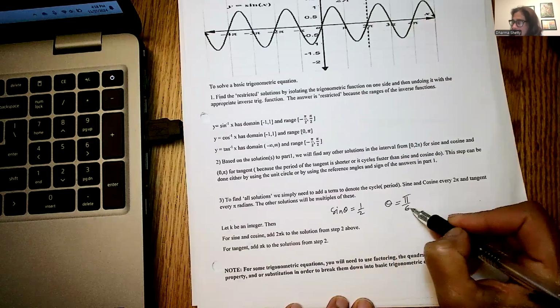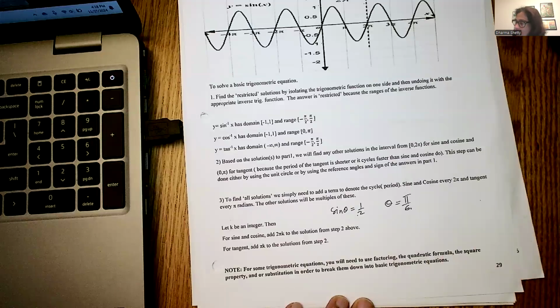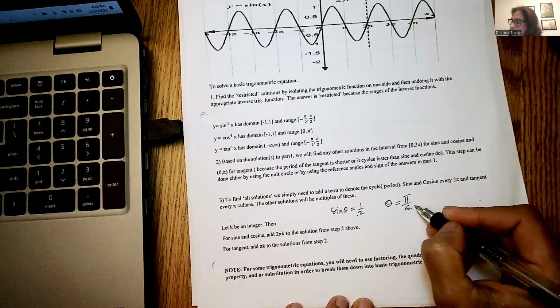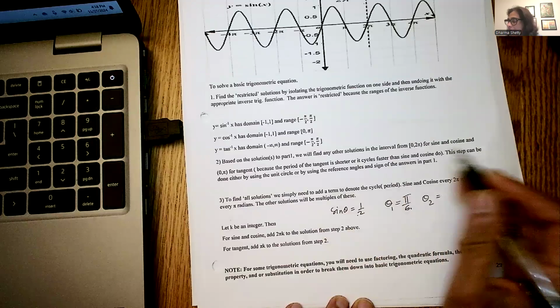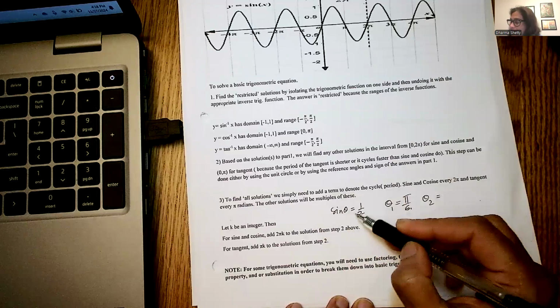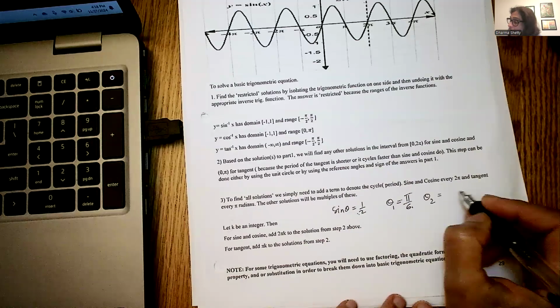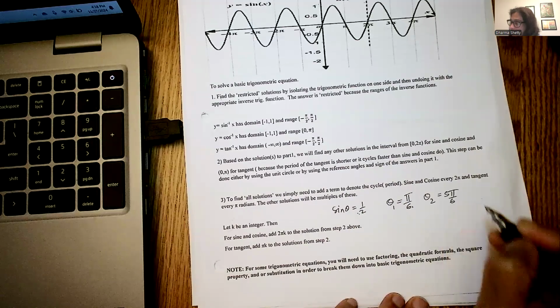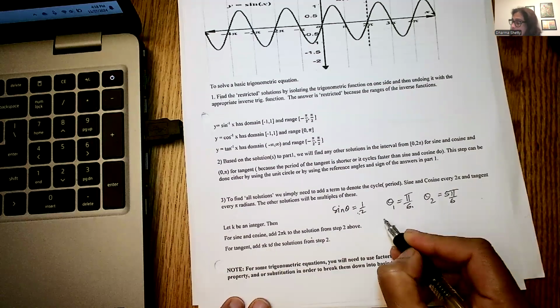And this is the first angle where sine is going to be 1/2. The other is in the second quadrant. So the second angle between 0 and 2 pi where sine is going to be positive 1/2, in the second quadrant, will be 5 pi/6. Now, to find all the other values, that is what we will do.